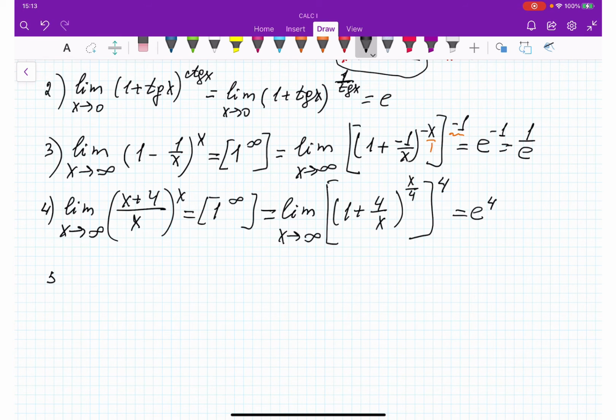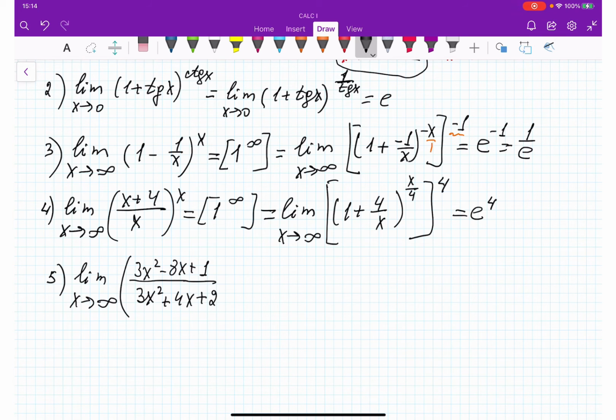Question number 5. Okay, we have the limit as x approaches infinity of 3x squared minus 8x plus 1 over 3x squared plus 4x plus 2, and all this to the power 2x.